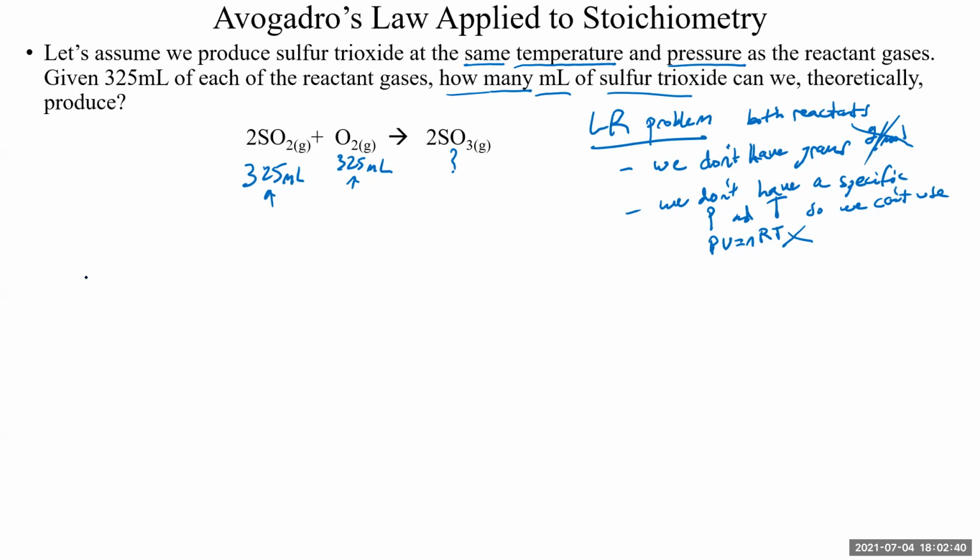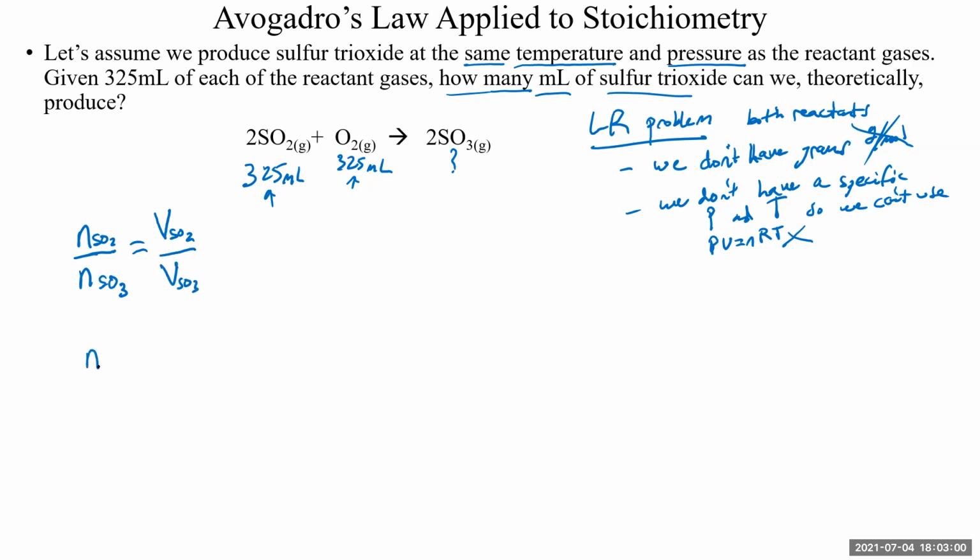Luckily, Avogadro tells us that the mole ratio of each gas, so for example, let me start with sulfur dioxide, the mole ratio of sulfur dioxide to sulfur trioxide is the same as the volume ratio of sulfur dioxide to sulfur trioxide.